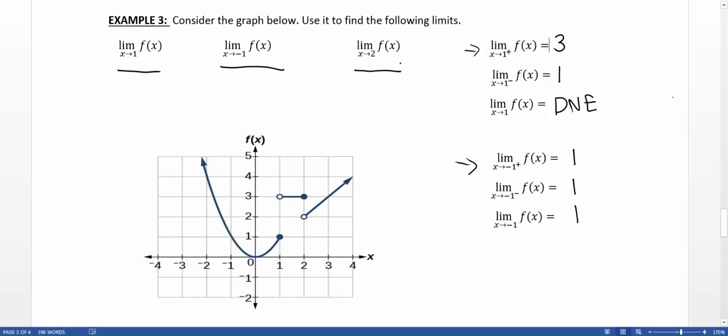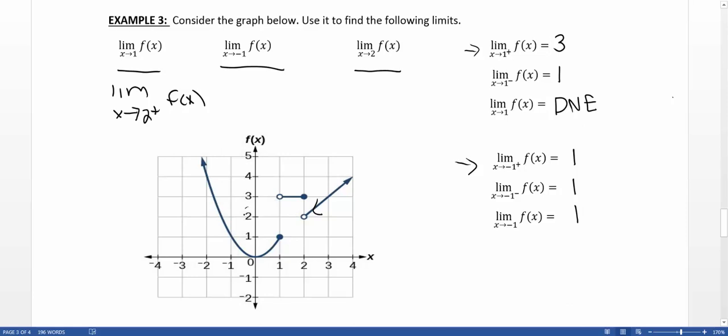Now, finally, let's look at the limit as x approaches 2. So again, we're going to consider what happens from the left and the right. So the limit as x approaches 2 from the right of f of x means that we're on this upward sloping line here, and we're considering what happens as we get close to 2 as we're coming down from the right.